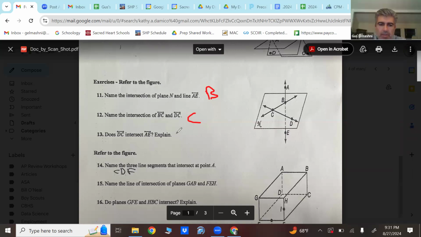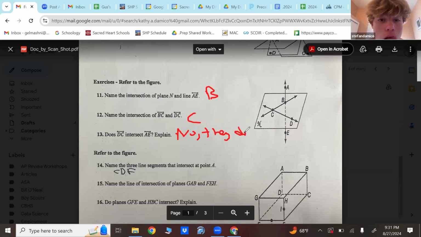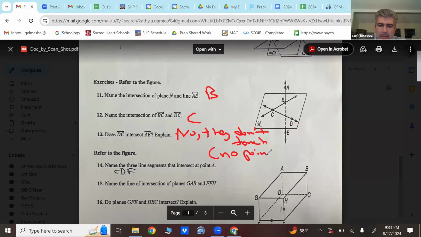So no, no point in common. I mean, sometimes lines could overlap. That's a possibility. They may intersect everywhere, but lines will intersect once, never, or all the time.